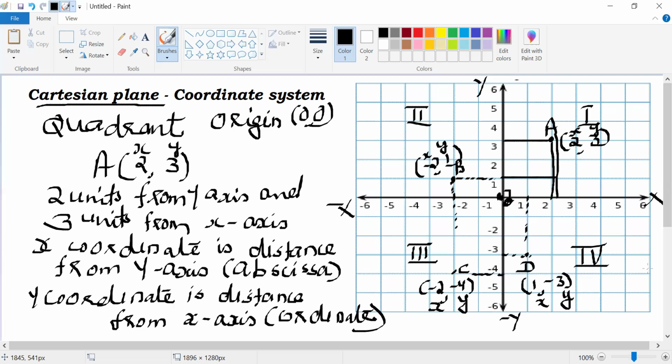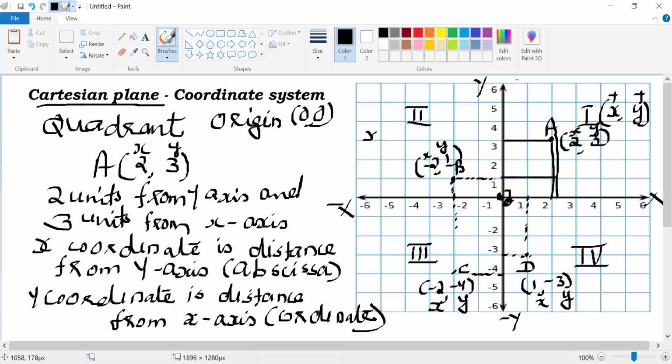Now observe the 4 points A, B, C, D carefully. In A, both x and y are positive. Now come to the second quadrant. X is negative and y is positive.